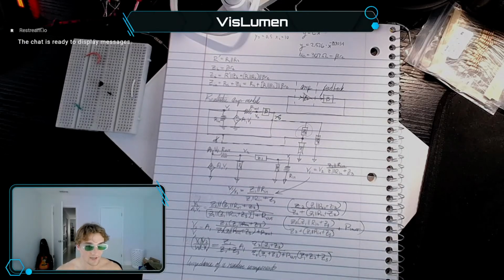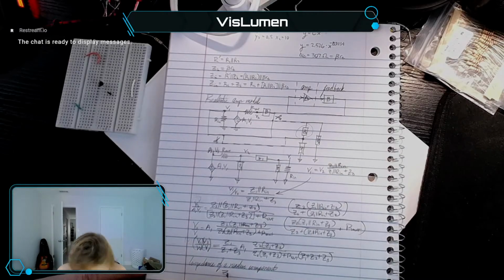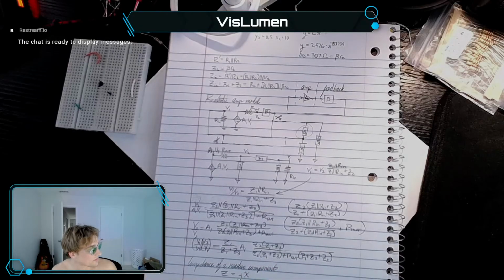Indeed, it's something reactive, like in this case. I guess I was thinking something else, but yeah, reactive. Impedance of a reactive element is j times reactance when I write the equation. Z equals jX, where j is the imaginary part.